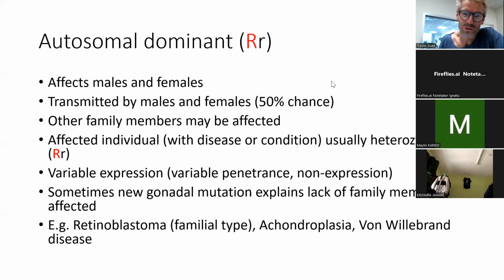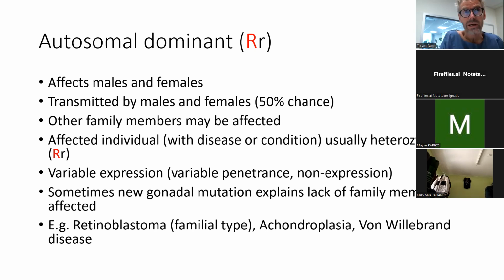So autosomal dominant conditions, like recessive conditions, affect both males and females, and they can be transmitted by males and females, but usually the parent is also affected because it's a dominant condition. So it'll be a parent who's affected, transmitting the genetic disorder onto a child.